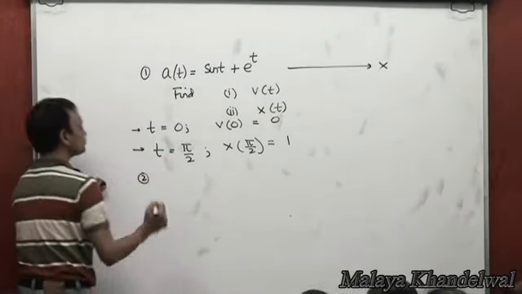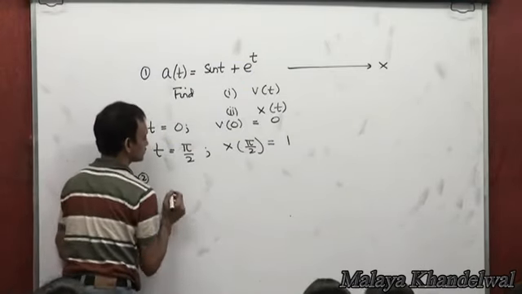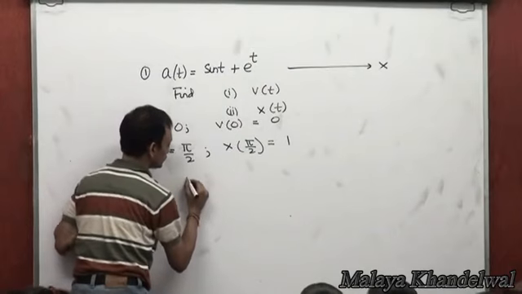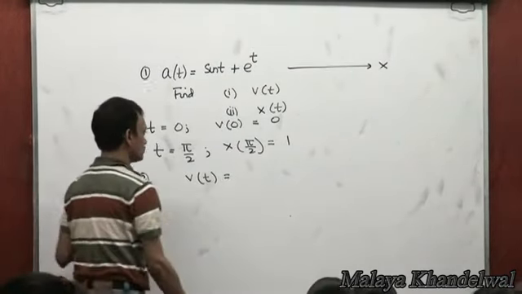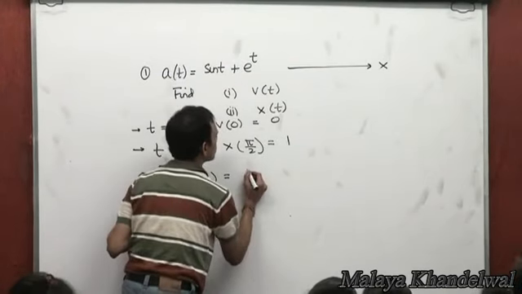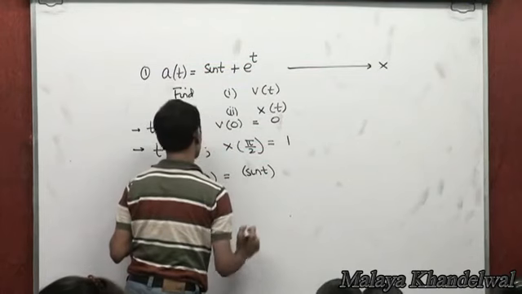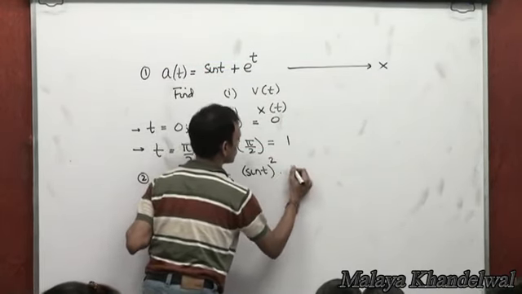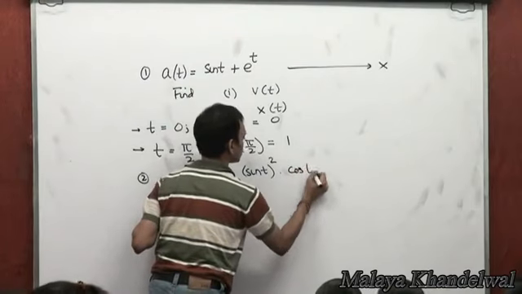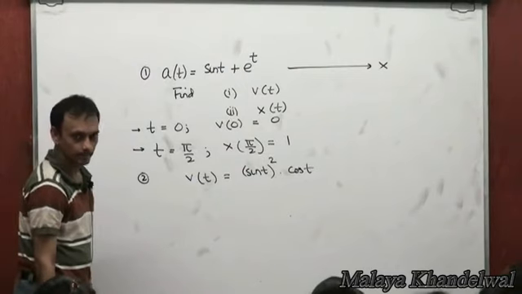Take a few more. I give you velocity as a function of time as sine t whole squared into cos t.